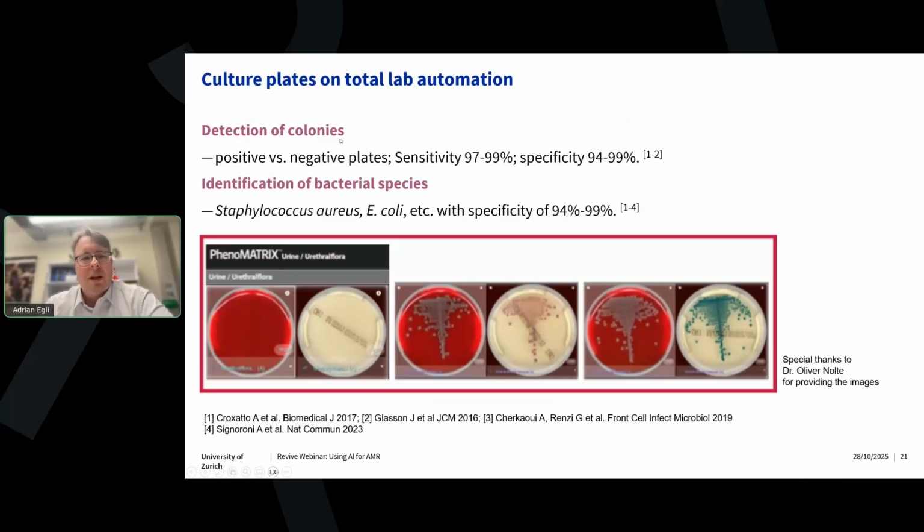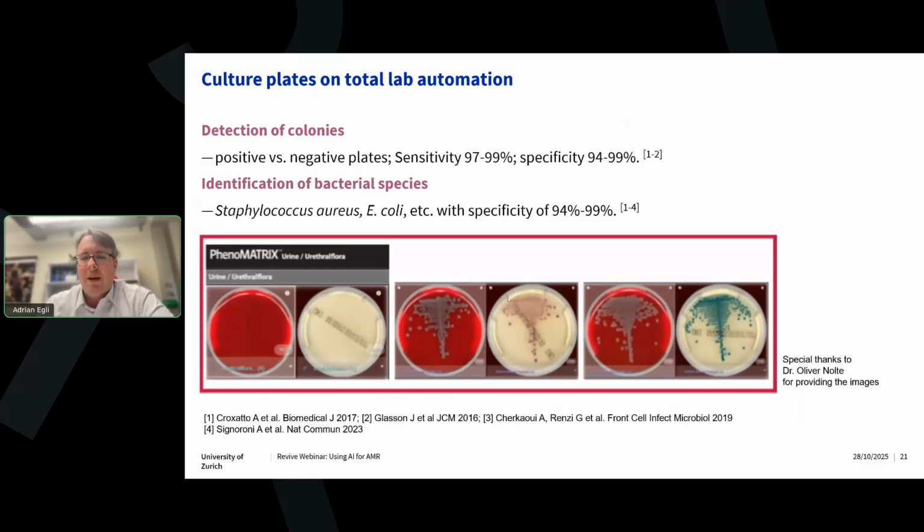So for example, is there growth or no growth? You can see here very high sensitivities and specificities. And these are papers which are almost 10 years old. So that's not new AI, that's really old techniques. What is relatively new is that with certain chromogenic agar plates, you can now also identify the species which is on the plate.